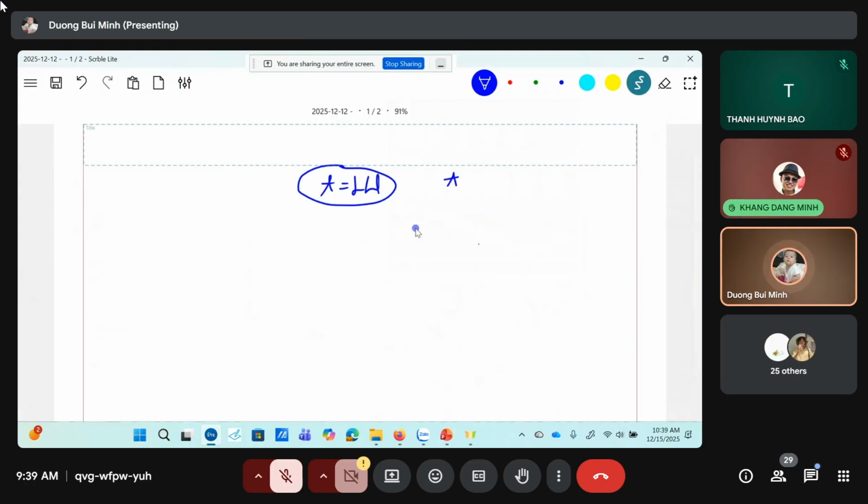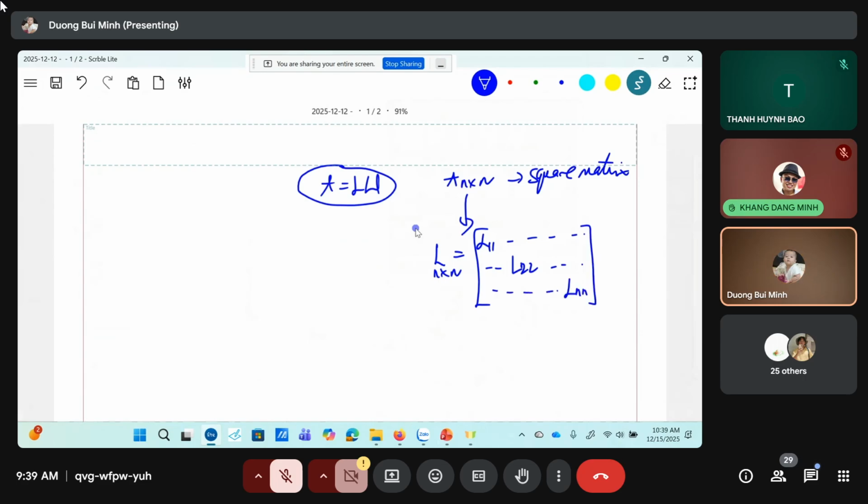A should be n rows and n columns because this is a square matrix, right? So L should be n rows and n columns. Here you have L11, and so on, here L22, and so on, and then here you get LNN. Do you agree with me? Because we have n rows and n columns, the diagonal should be like this.